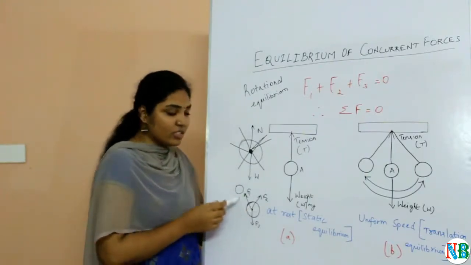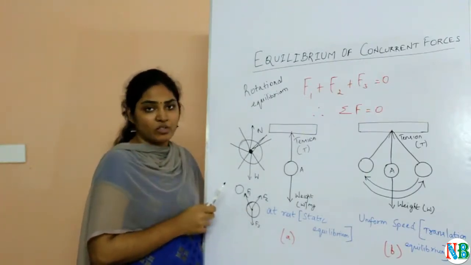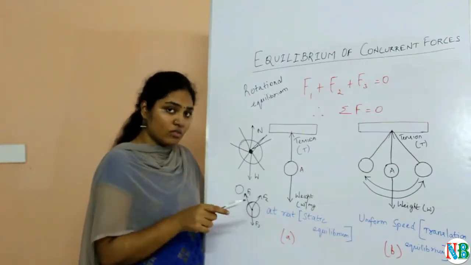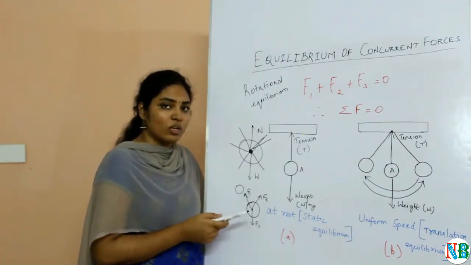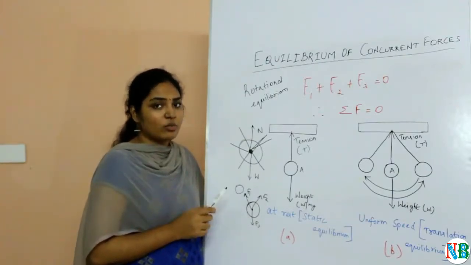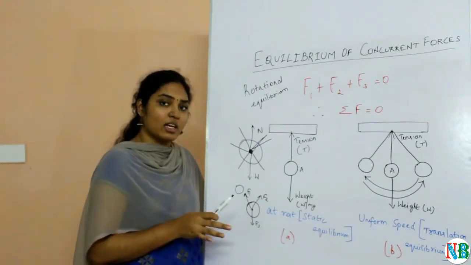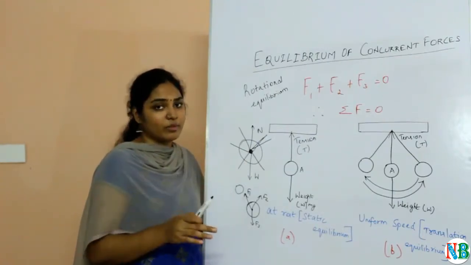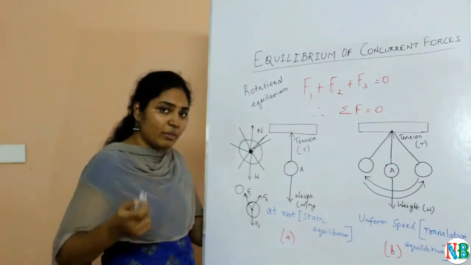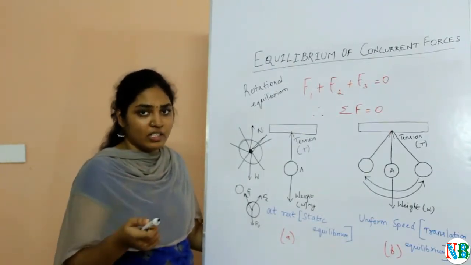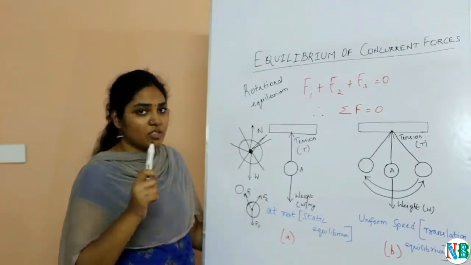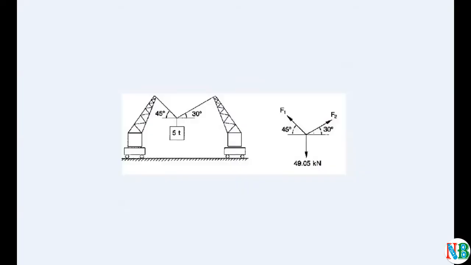If any one of these forces has a different magnitude or direction, that force will make the object move or rotate. At that time the system is said to be unbalanced, and it will not be in the equilibrium state.